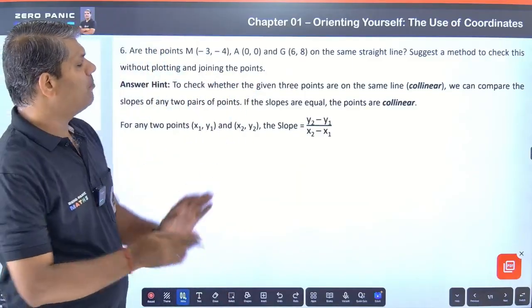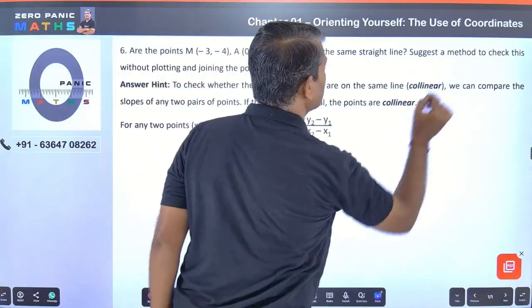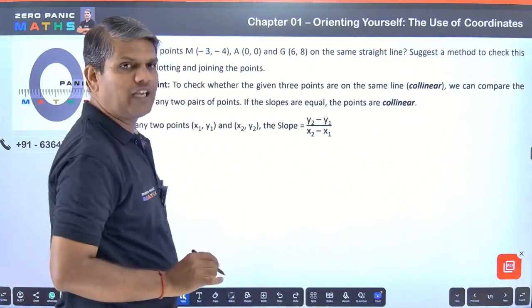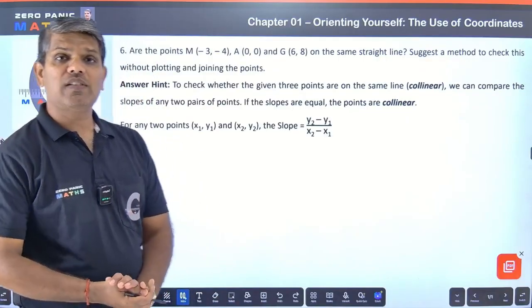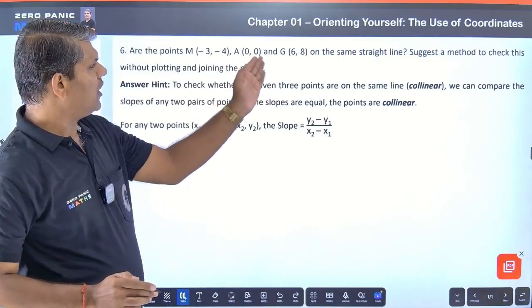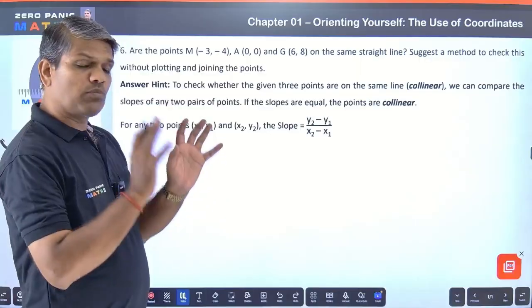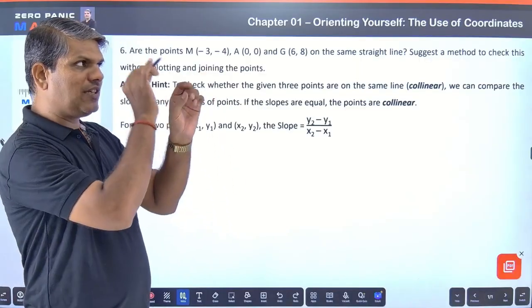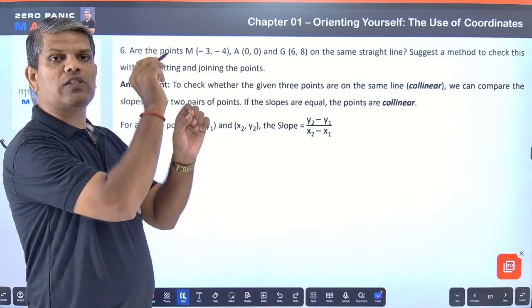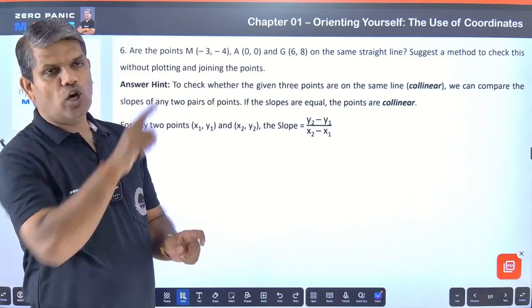Why have they mentioned this part, suggest a method to check this without plotting and joining the points? Because, as we have seen in the previous session, when some coordinate points are given, we can just mark those points on the 2D plane and join the lines.